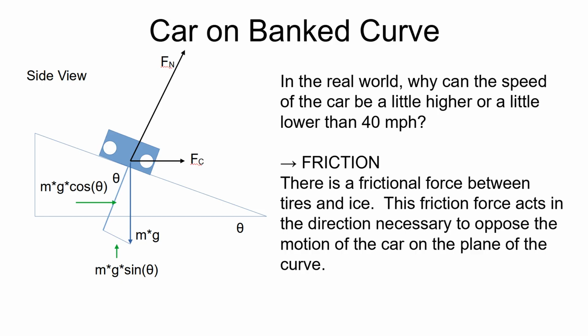Ice is not friction of zero. There's still a little bit of friction. So we can go around a little faster or slower. And the static friction force between the ice and the tires will be in the direction necessary to keep us on the roadway. Don't test this out.